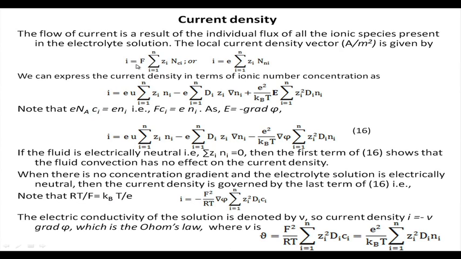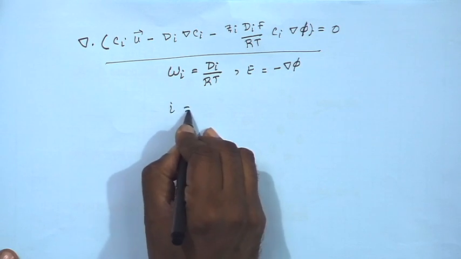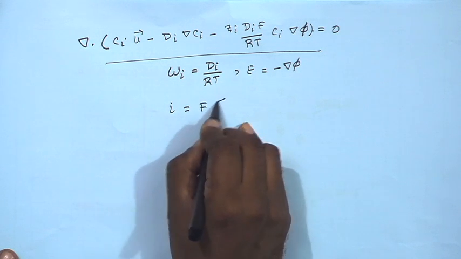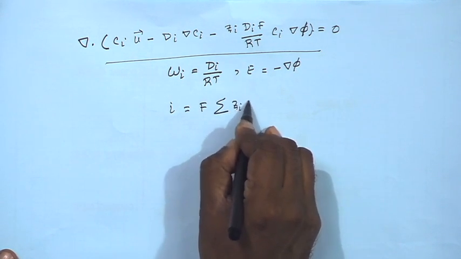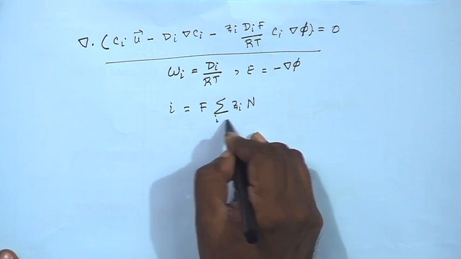So, that means the local current density in ampere per meter square is given by this relation. The flux, I, equals the Faraday constant, the valence, and this flux.